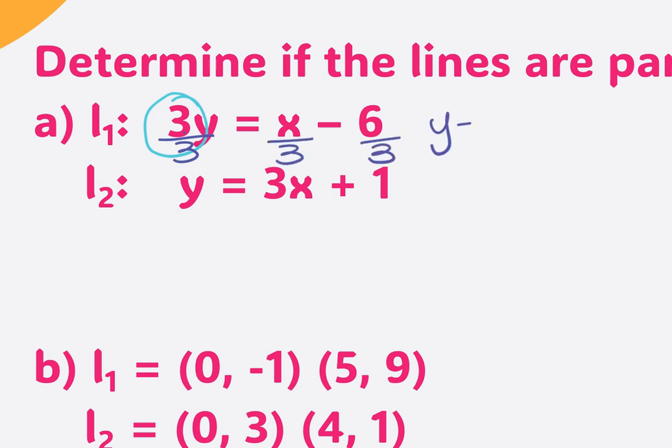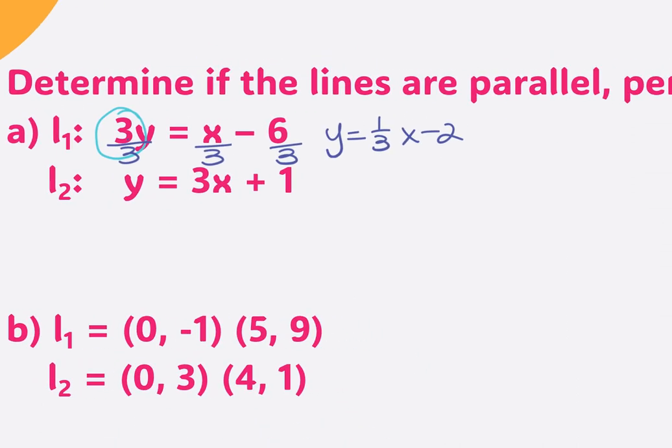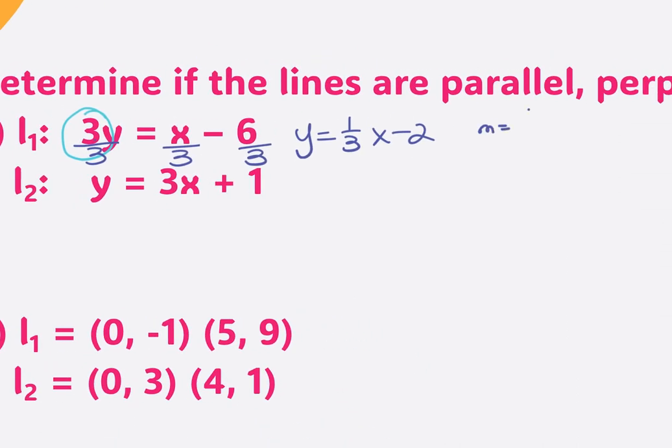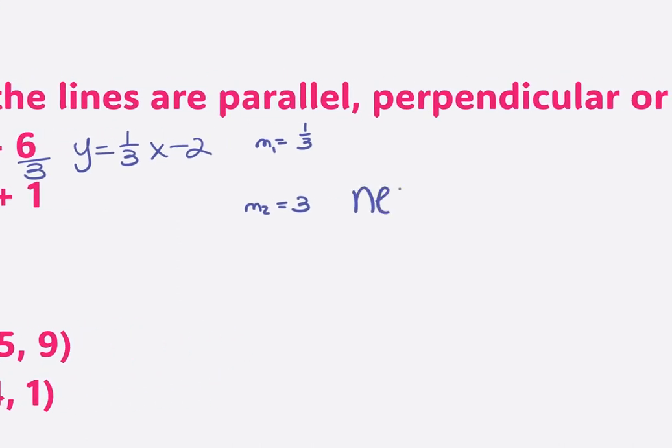And I end up with y equals 1/3 x minus 2. Now compare your slopes. What's the slope of line 1? 1/3, right? And the slope of line 2? 3. Are they the same? No. Are they opposite reciprocals? No, they're reciprocals but not opposite, right? Which means this would be a case in which they are neither.